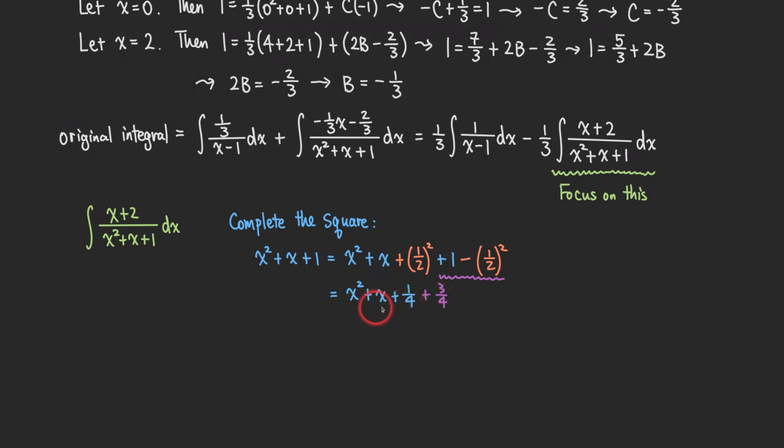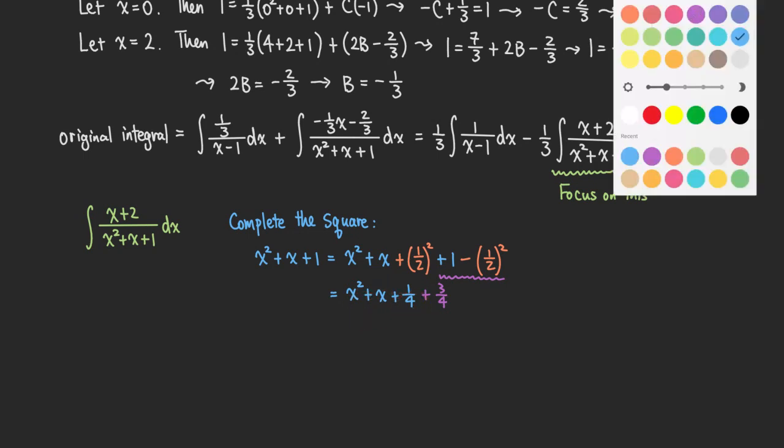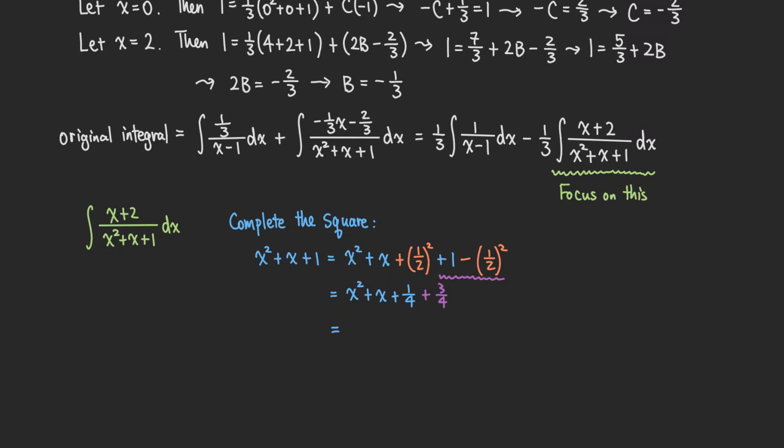So now this blue portion right here, it's the perfect square, so we can factor it. If we factor it, then we are going to be getting x plus 1 over 2 squared, and then adding the purple part. If you want, you can simply also write it in square form, which looks like square root of 3 over 2, and then the whole quantity squared.